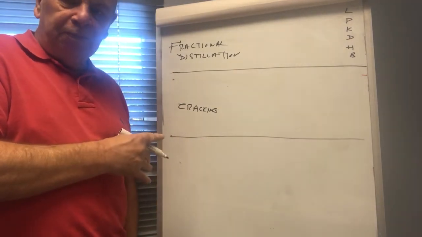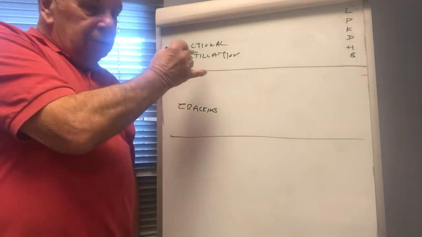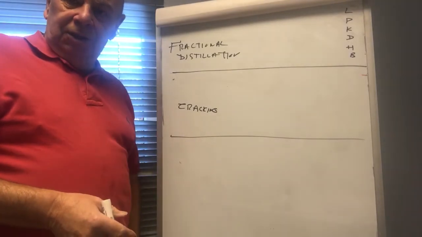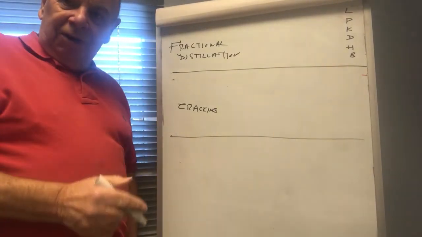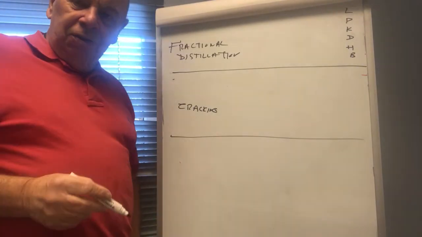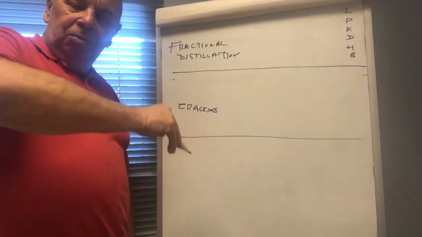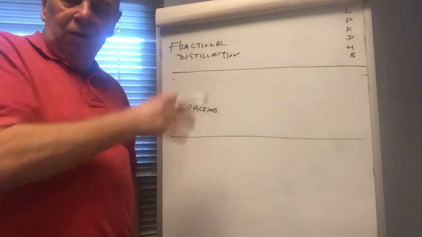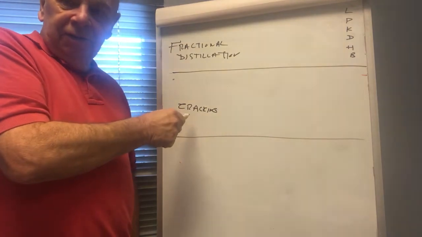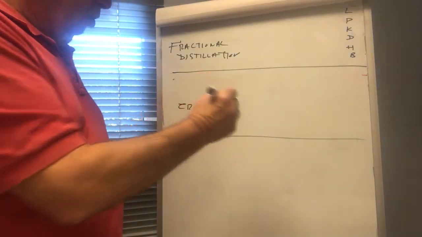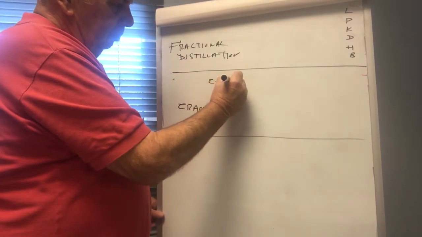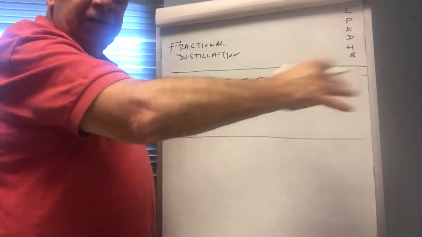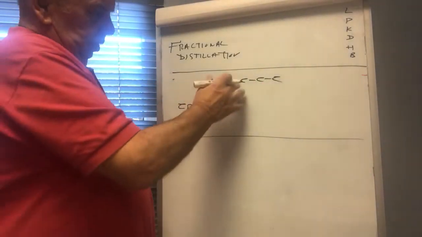For example, oil consists of gases, liquids and solids. And if I increase the temperature, the gases come off first, then the liquids, and you're left with the solids. Cracking, for a simple example, if I took a long-chained hydrocarbon, that it's long, is a very, very simple example.